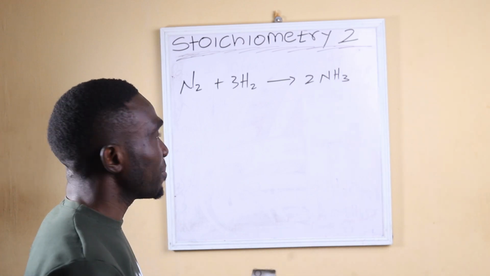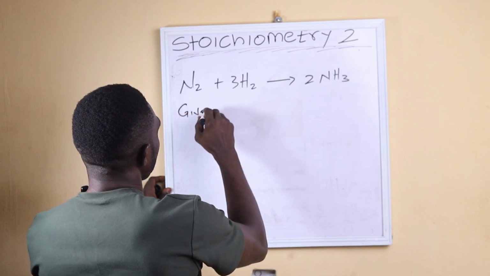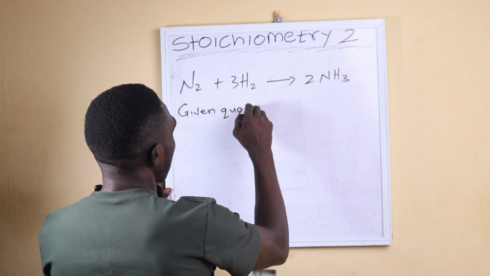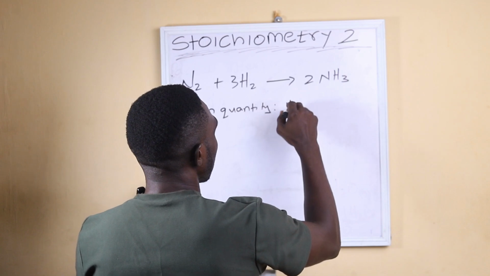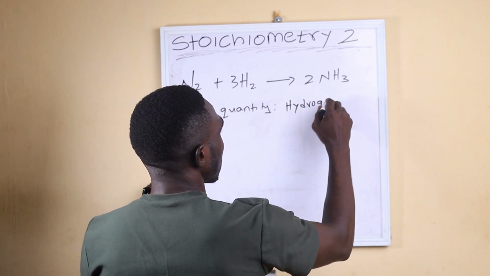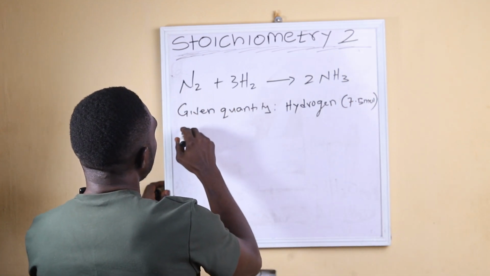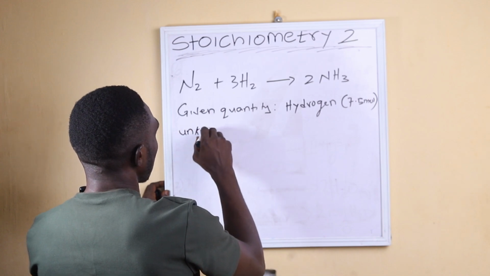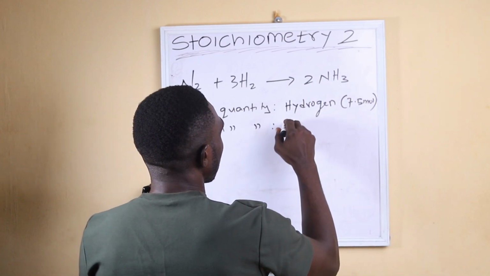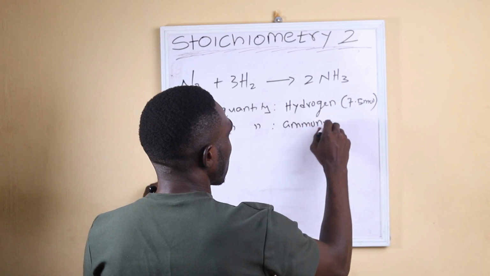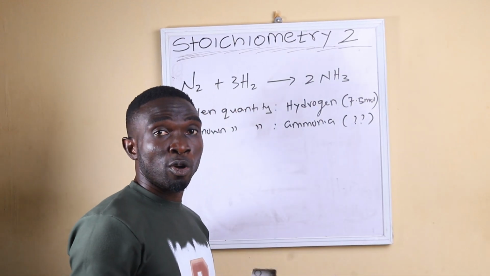Hydrogen. That implies that the given quantity here is hydrogen, given as 7.5 moles, and the unknown quantity is ammonia. So we're looking for the number of moles of ammonia.